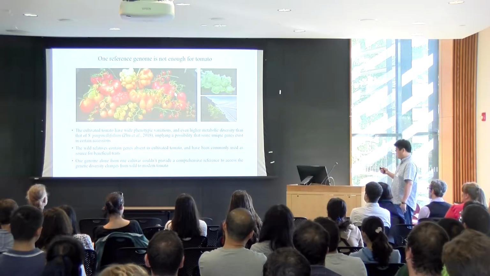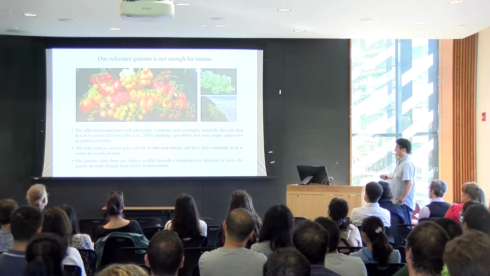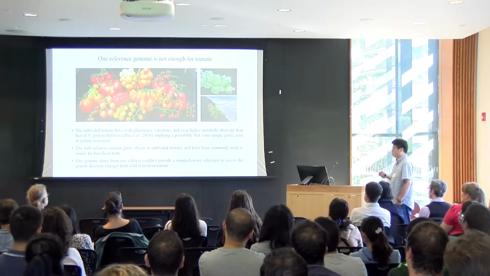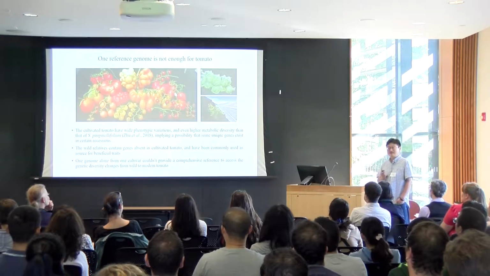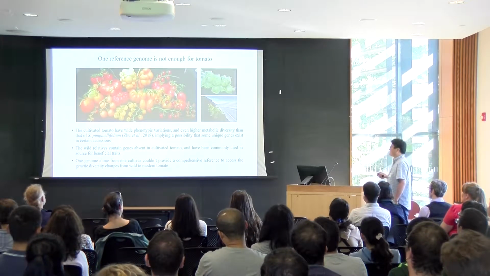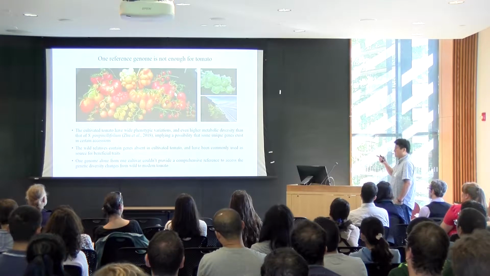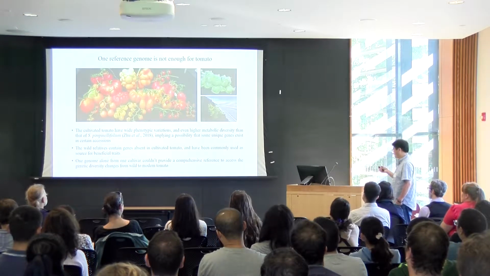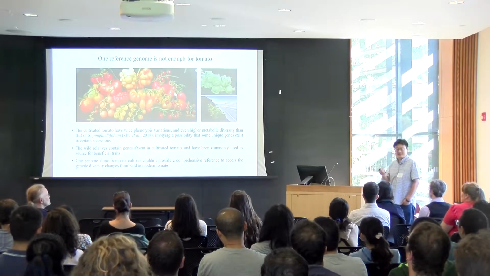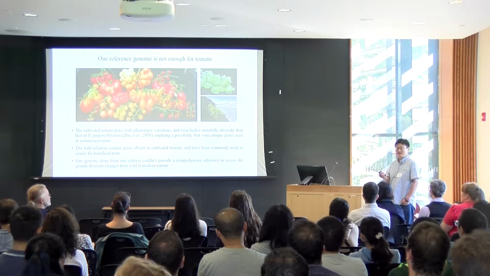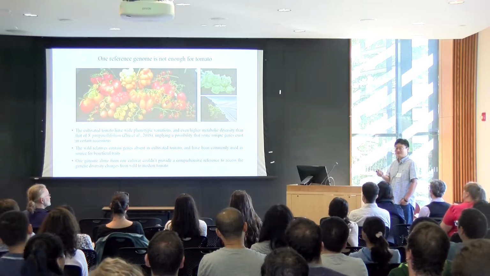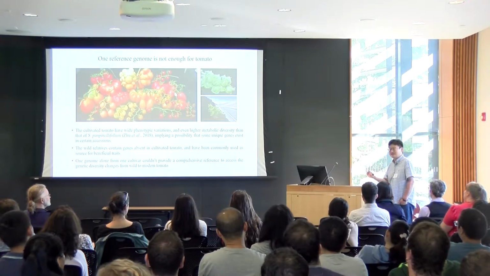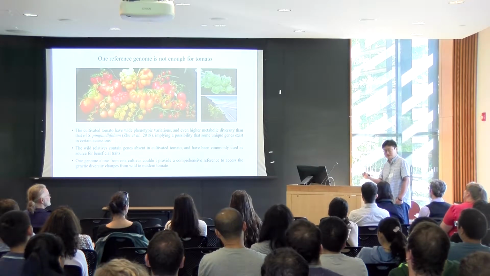And the wild species may contain genes that are absent in cultivated tomato. These wild relatives have been commonly used as a source for beneficial traits like disease resistance, and a lot of disease-resistance genes do not exist in cultivated tomato.